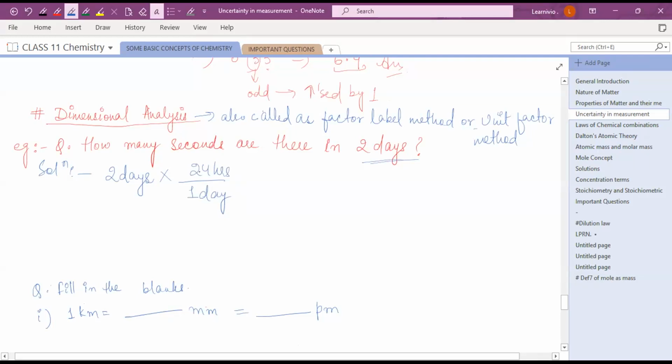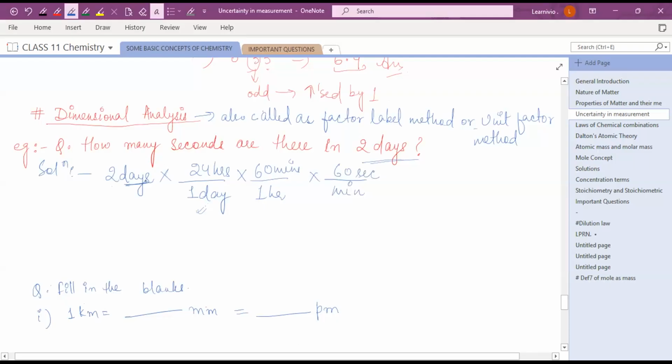This is a series method, in which we do these questions in one step. When you multiply, make sure to write the unit, days, in the denominator, so that it will cancel out. So 1 day is equal to 24 hours, 1 hour is equal to 60 minutes, and in 1 minute there are 60 seconds.